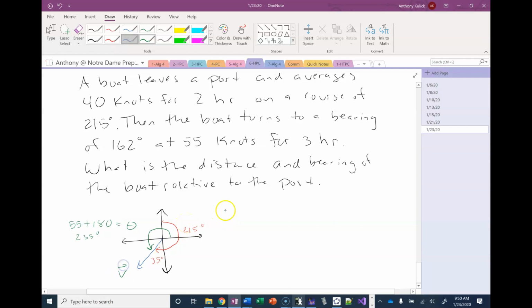So if I call this vector v, what's the magnitude of vector v in this case? Well, it's the length of that arrow. If we're going 40 miles per hour or 40 knots for 2 hours, that means we've gone 80 nautical miles. That's what a knot is, a nautical mile.